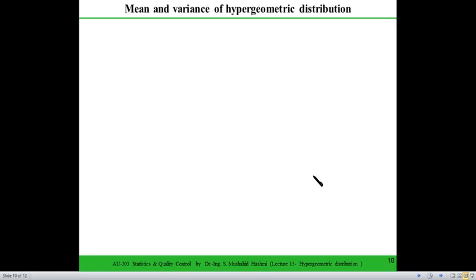Now we can easily calculate the mean and the variance of this hypergeometric distribution.